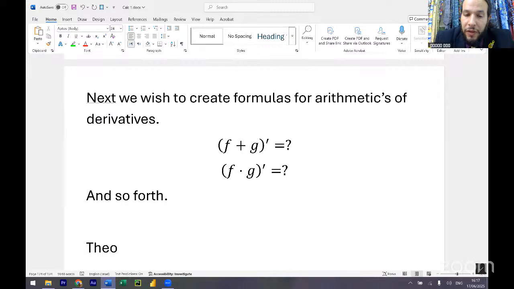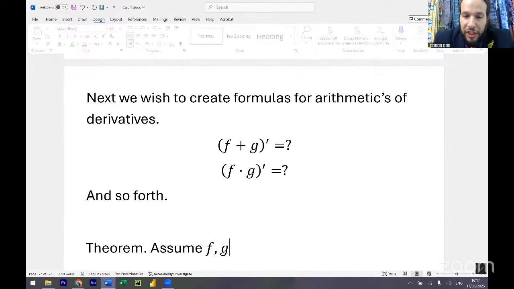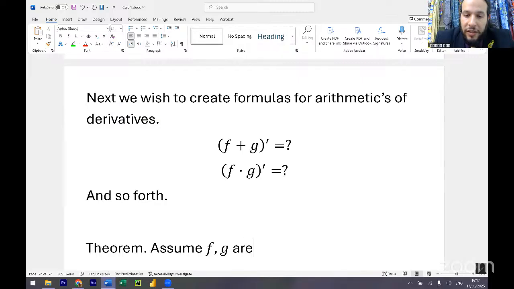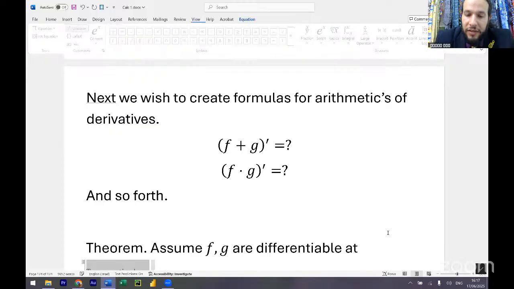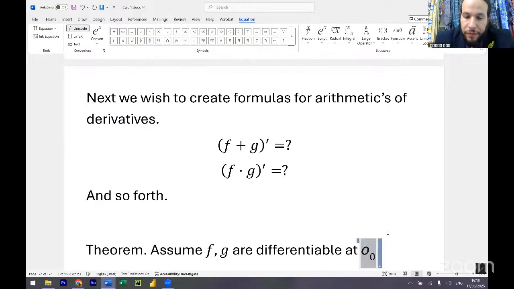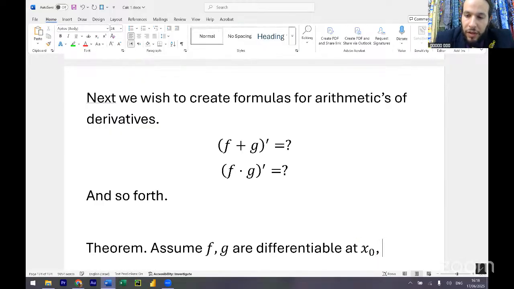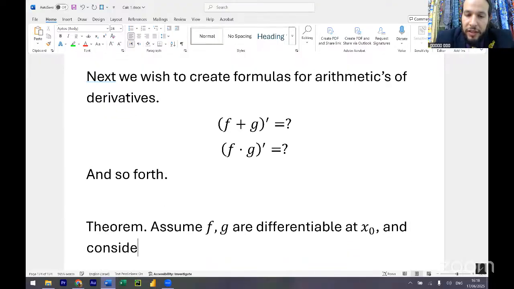So theorem 1. Assume f and g are differentiable at x0 and consider a scalar c.